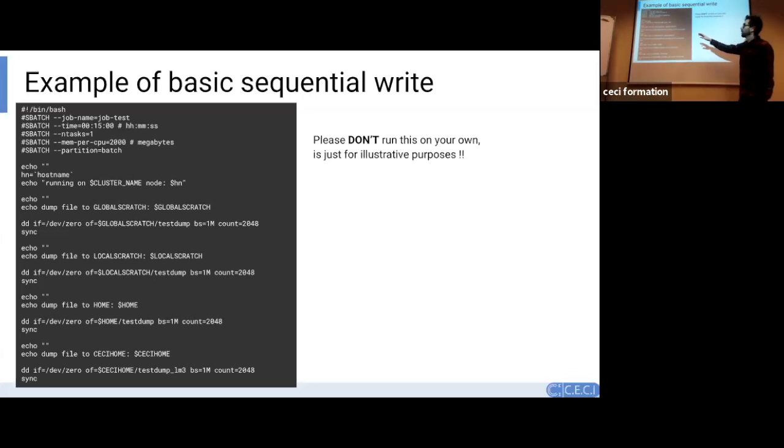I'm printing some information about the host name, the cluster where it will run, and the node. And then I write a file in global scratch, in local scratch, in home, and in CECI home.